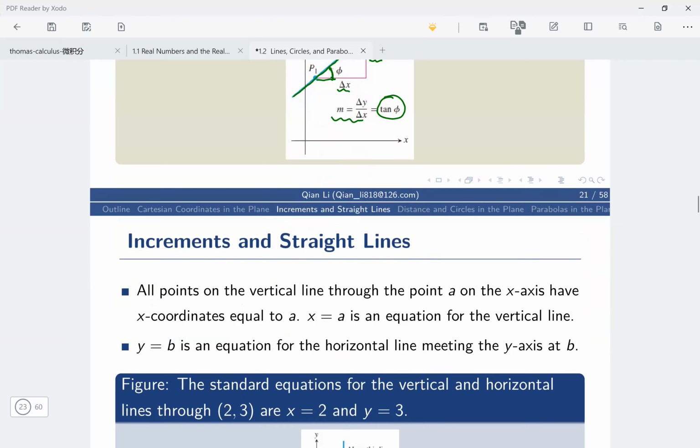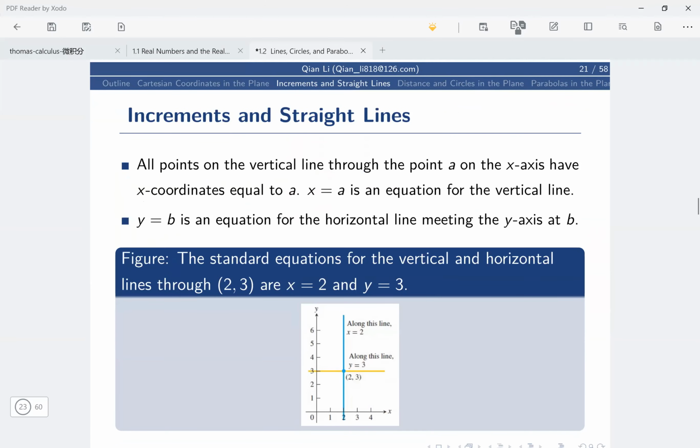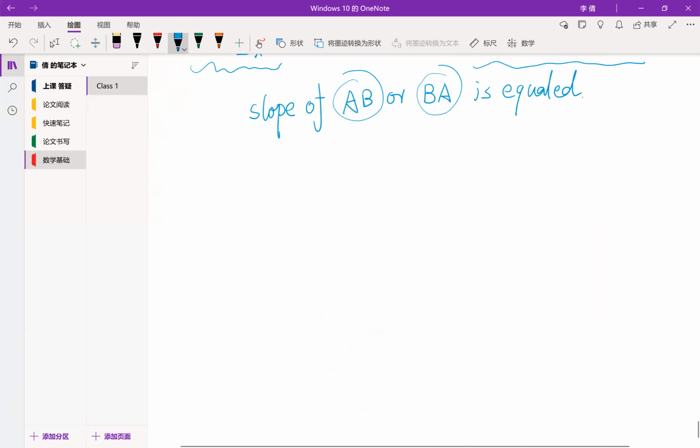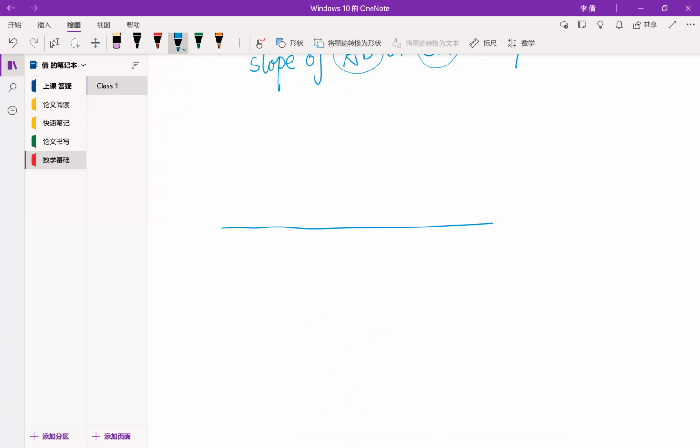Then let's see all points on the vertical line through the point A on the x-axis have the x-coordinate equal to A. The equation x equal to A is the equation of a vertical line. This is the Cartesian coordinate.